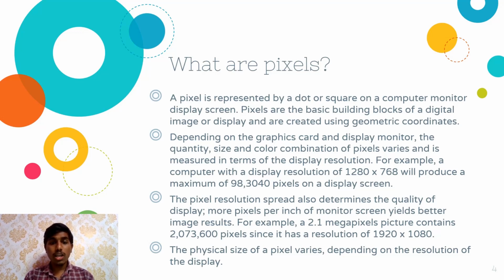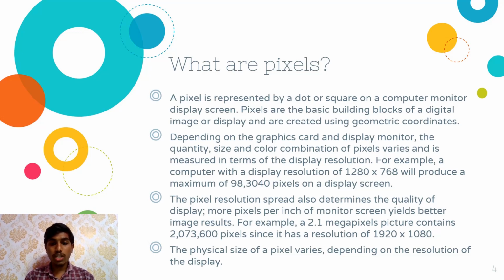For example, a computer with a display resolution of 1280 by 768 will produce a maximum of 983,040 pixels on a display screen. The pixel resolution spread also determines the quality of display. More pixels per inch of monitor screen yields better image results.